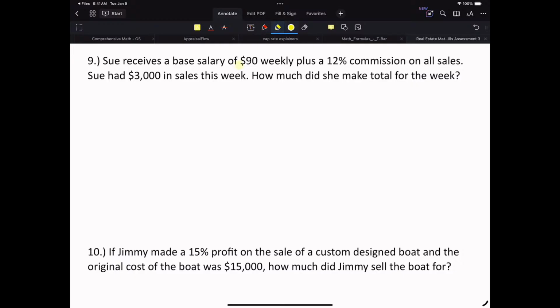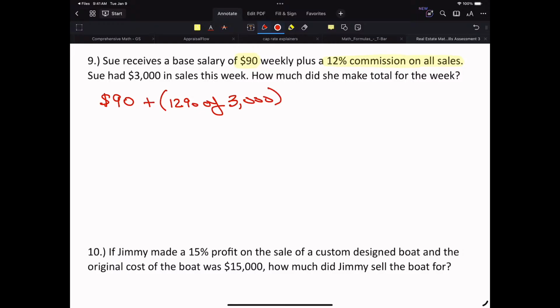Well, we know she made at least $90. If she sold nothing, she would have made $90. But she didn't. She sold something. So she got 12% commission on all the sales. So we know what she received was the $90 plus 12% of $3,000.